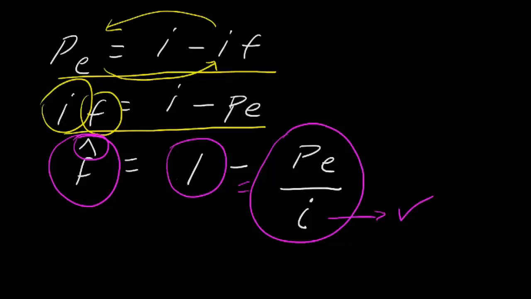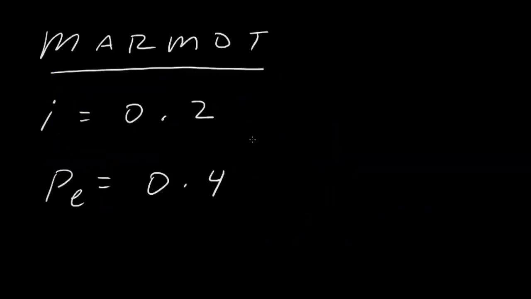So let's put a couple of numbers to that. Let's now jump back to our marmots, and put some numbers into that equation and solve for equilibrium. So let's say that our I term now is 0.2, and again, that's probably representative for our big rodent here.